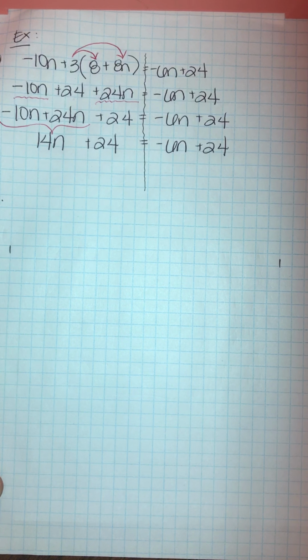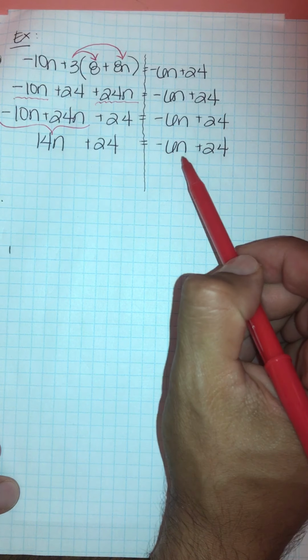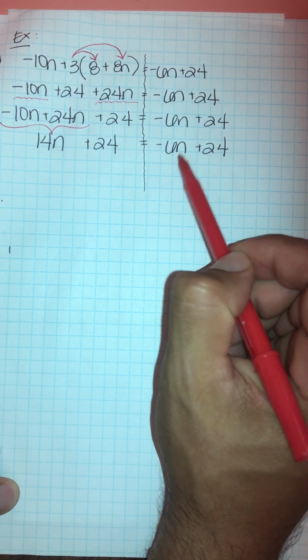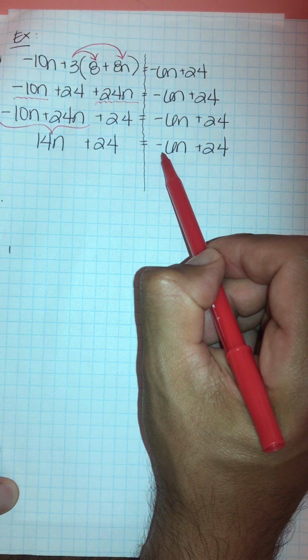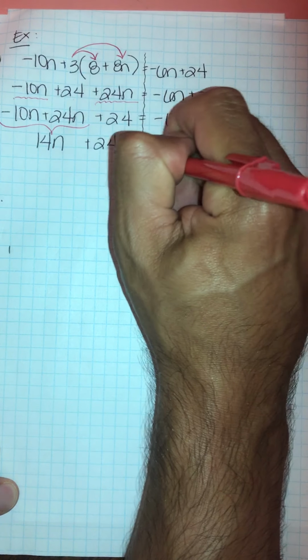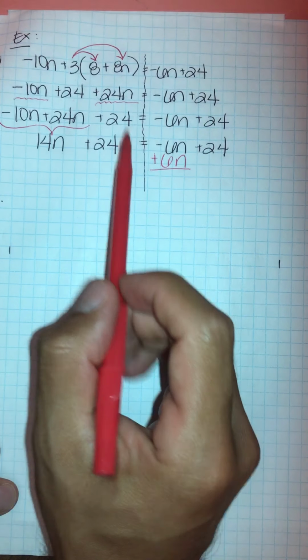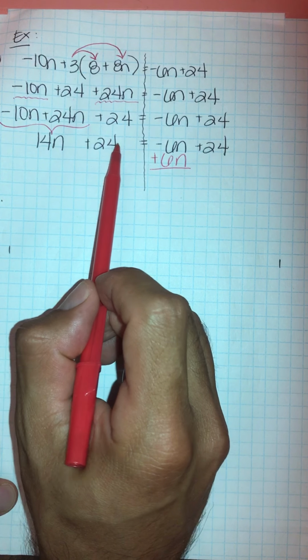Okay. Now, just like before, we need to get all the variables on one side. I always like to go from right to left. So I look at my right-hand side, negative 6n. The opposite of minus 6n is plus 6n. So we do it to both sides, plus 6n. I will not put plus 6n here because this is a 24.